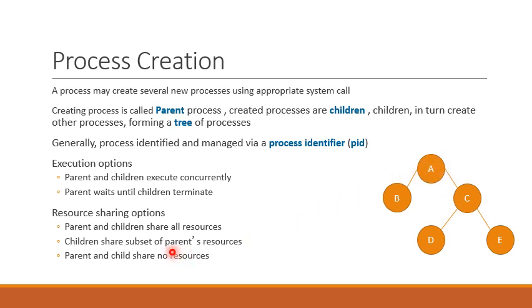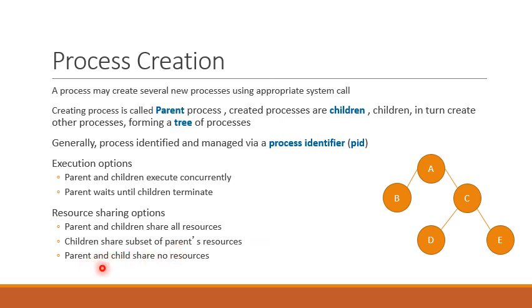The second option is that children share a subset of the parent's resources. That is, not all the parent's resources are allocated to its children. Rather, a subset of the parent's resources will be allocated to its children.